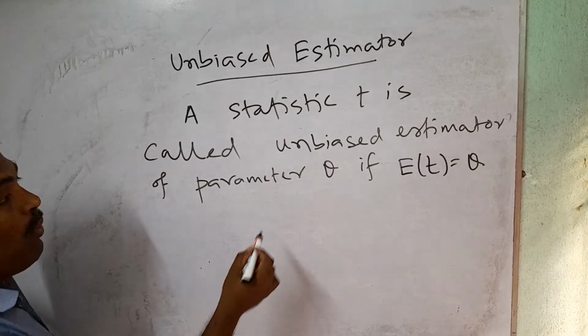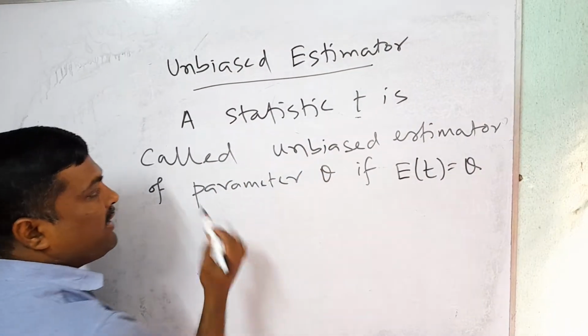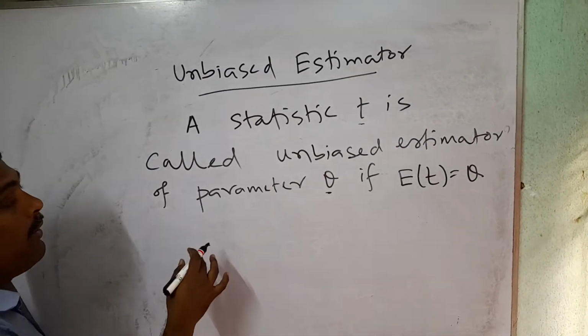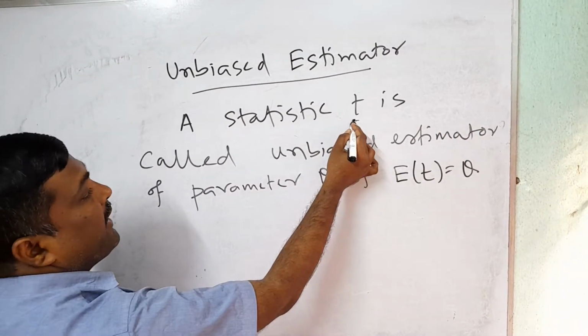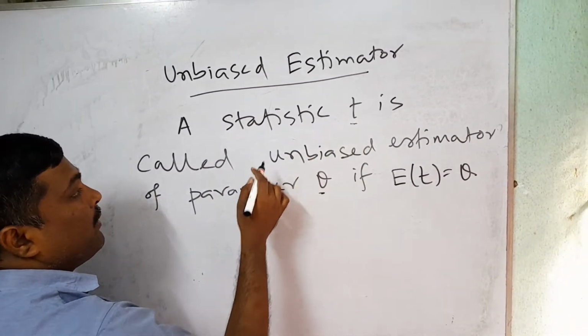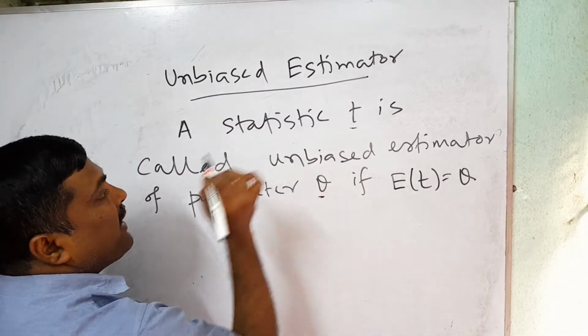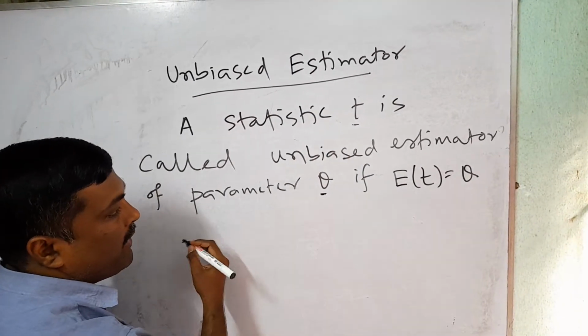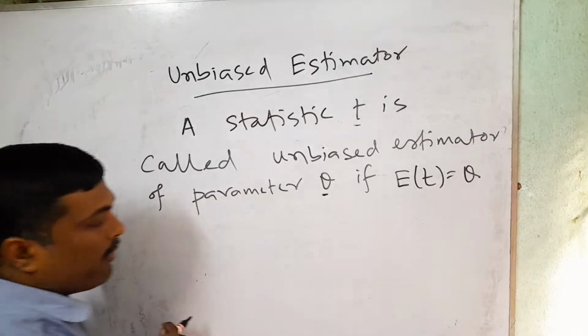Okay, so T is one statistic, and theta is one parameter from the population. A statistic T is called an unbiased estimator of parameter theta if E of T equals theta.